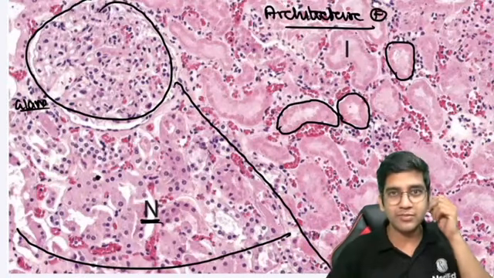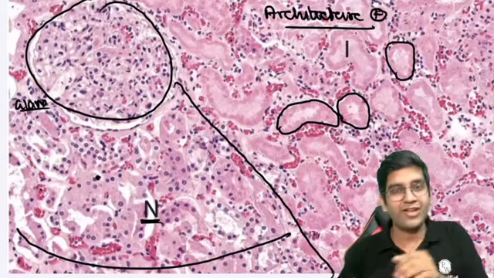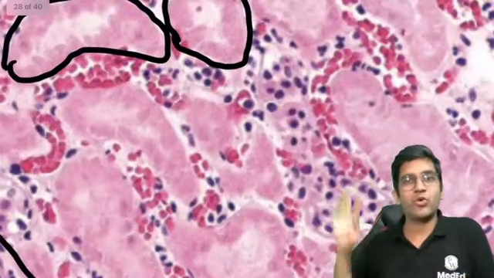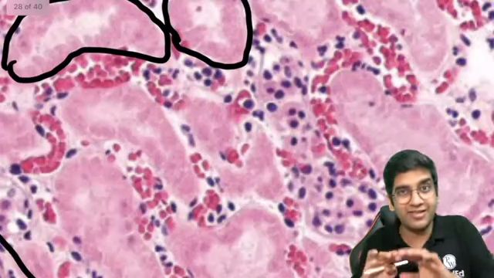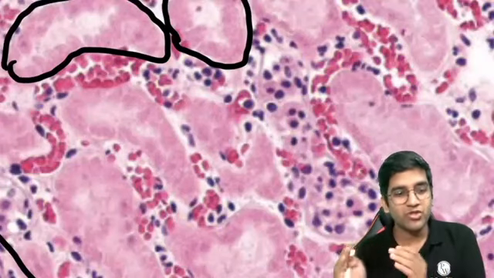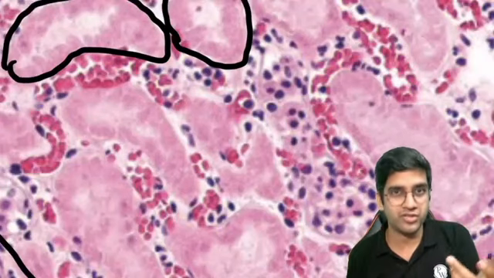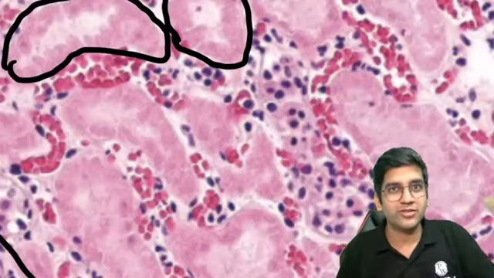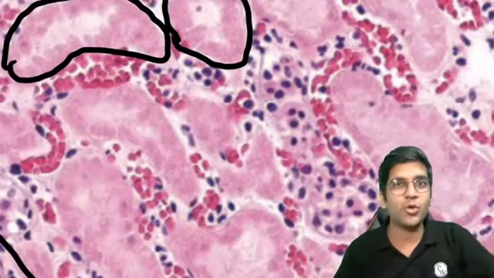There's one fancy term. Whenever the architecture is maintained, look at these tubules. These tubules don't have life, but still they have a shape. Because of this, it was given the term ghost cell. It has a shape but no life. Scooby-Doo, Casper, right? It has a shape but no life inside.